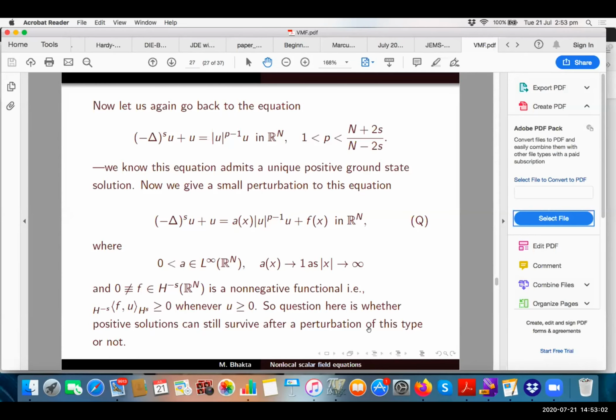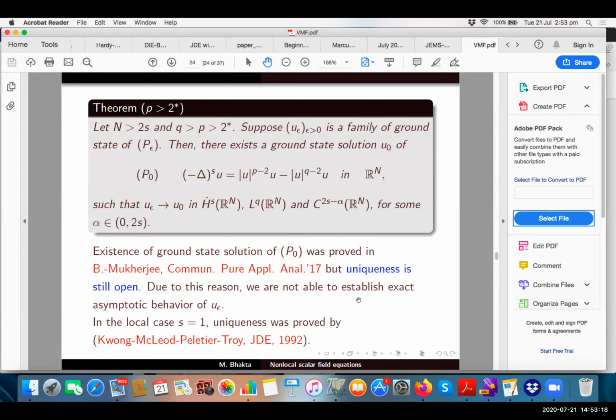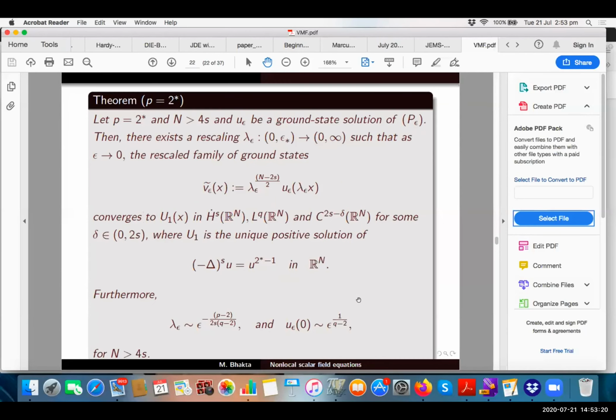Okay, and one more thing. I was looking at the norm which is like HS intersection with C2S minus sigma. Just one second, let me go to this slide. This one you are talking about?